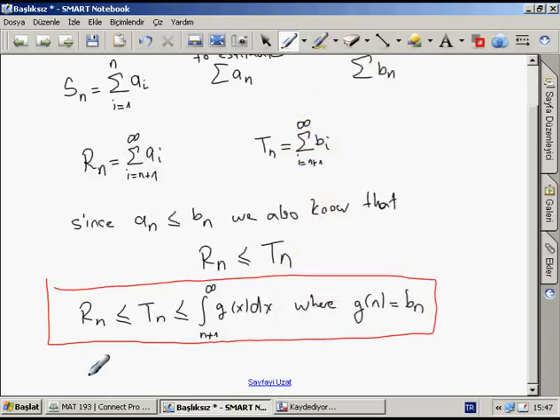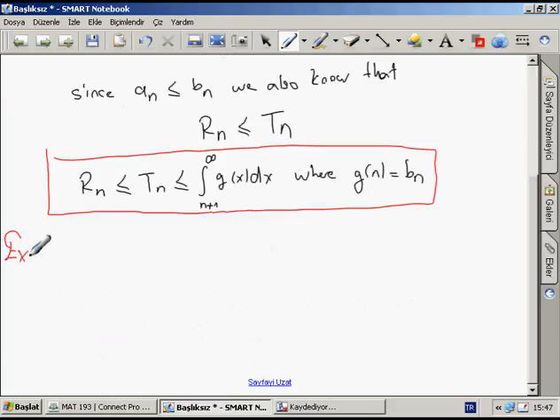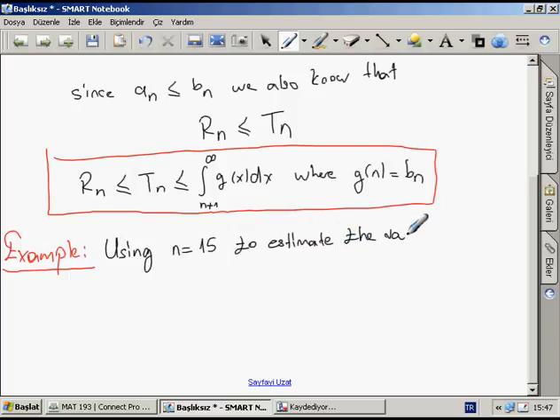Now, an example again. Using n equals 15 to estimate the value of the sum of 2 to the power of n over 4 to the power of n plus 1, starting from 0 to infinity.